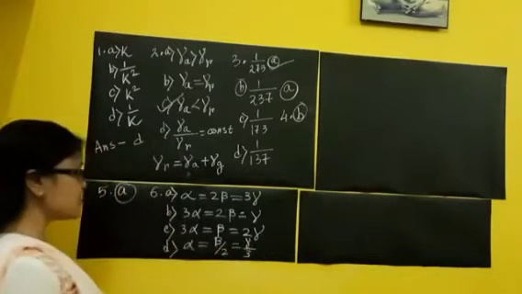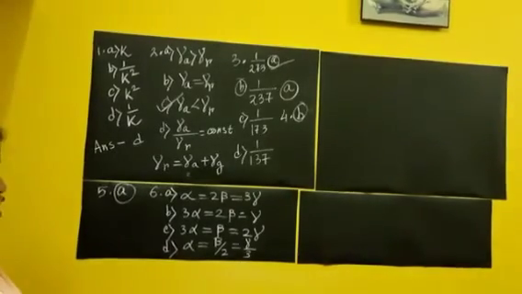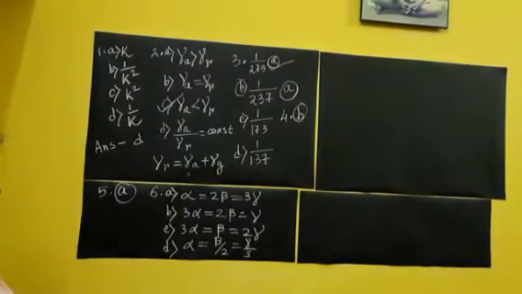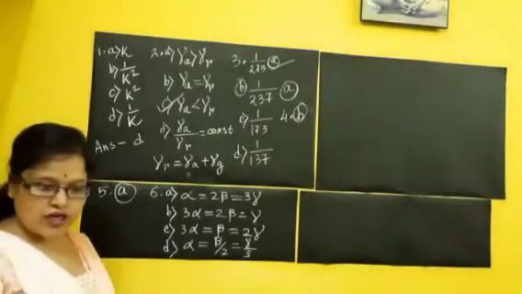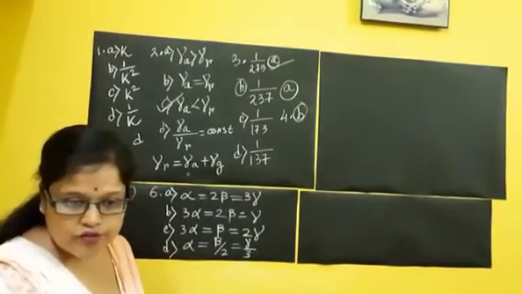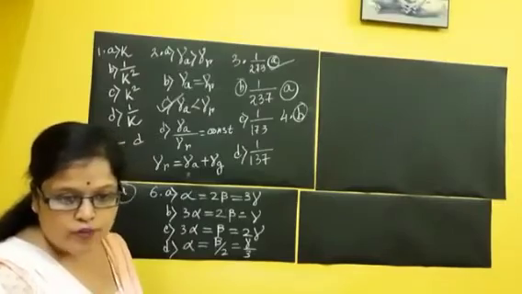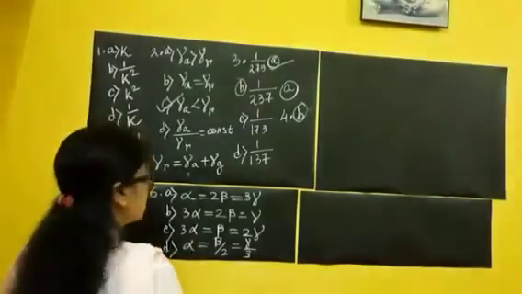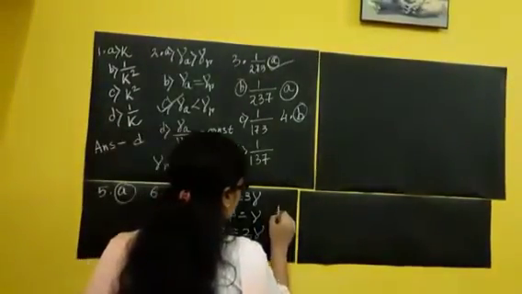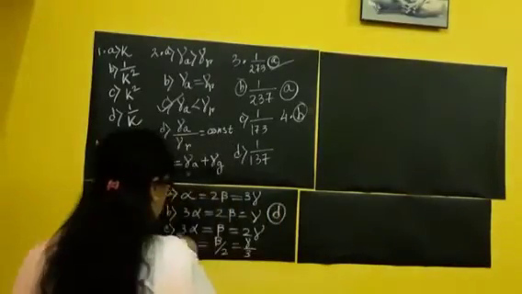Now tell me which one is correct here? Obviously option D, alpha equal to beta by 2 equal to gamma by 3. That option is correct. So for question number 6, the answer is option D.